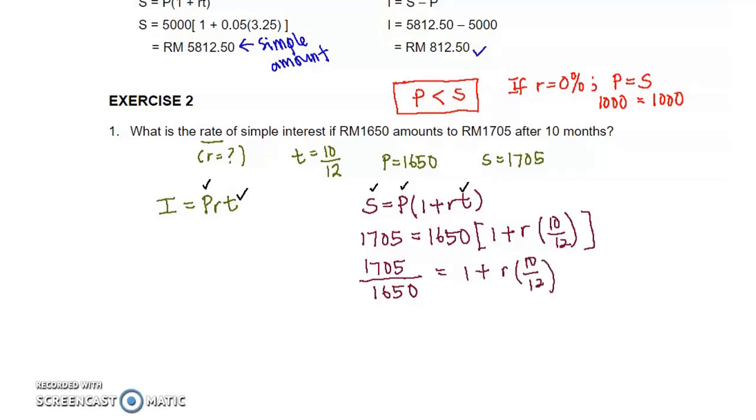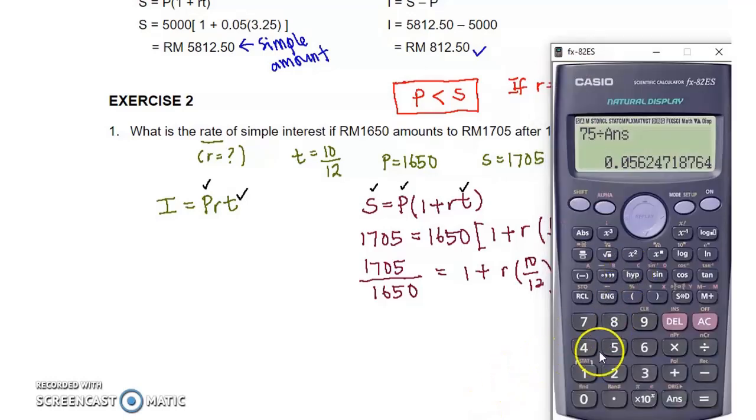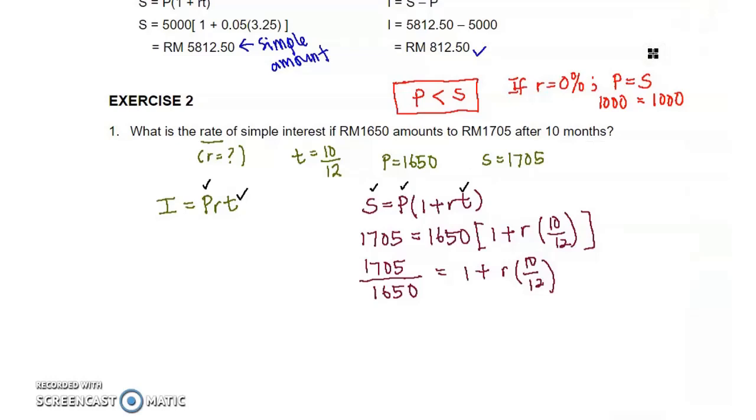Solve the left hand side first, 1705 divided by 1650. If you want to use decimal points like this, you just take up to 4 decimal points only. So let's say I use 4 decimal points here: 1.0333. If you use fractions also no problem.